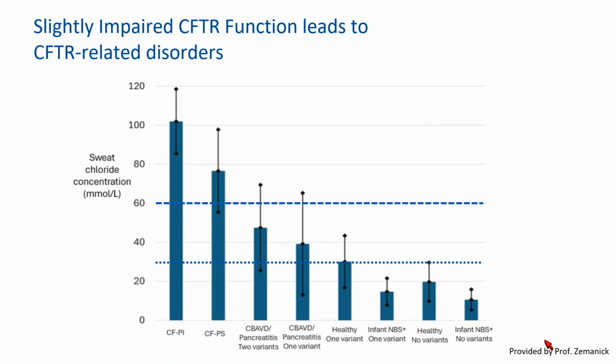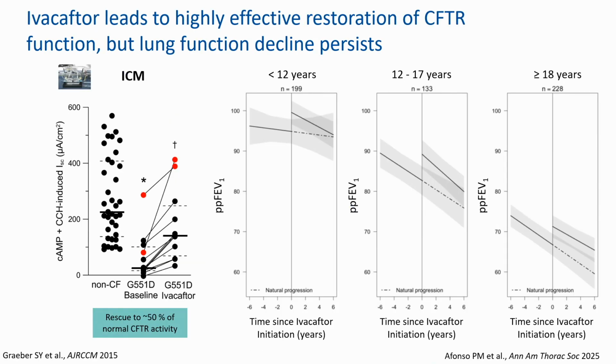And then we will hear a lot more about that in the coming talk. But we also know that slightly impaired CFTR function leads to CFTR-related disorders, so CBAVD, pancreatitis, bronchiectasis, and other pathologies. So this gives us a little hint of where we might need to go with rescuing CFTR function. When we now look at the older data from ivacaftor, we could show that in the intestine it rescues CFTR function to about 50% of normal CFTR activity.